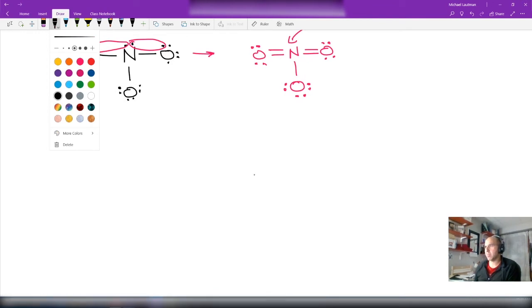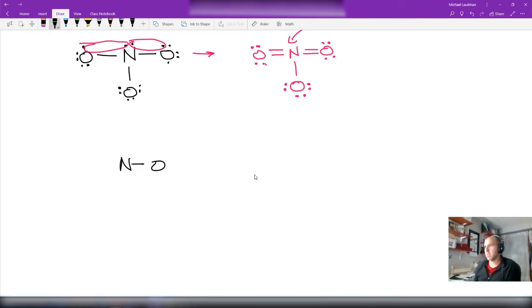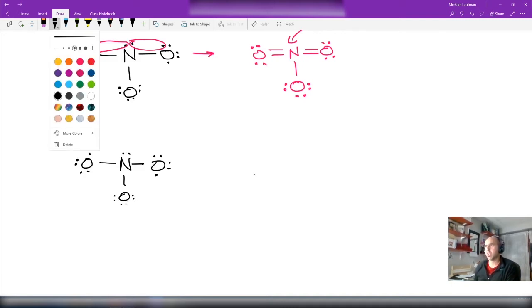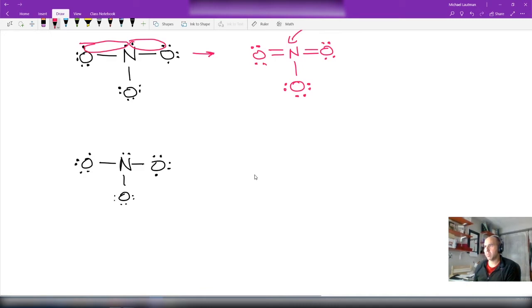So what if from here, instead of sharing both of those electrons, what if we just share, we split up this way?